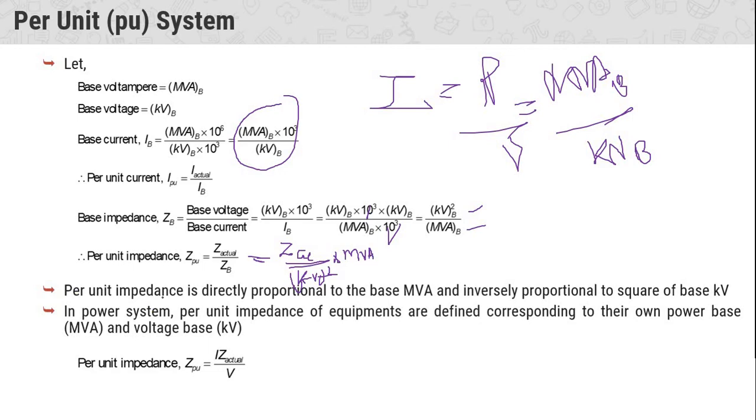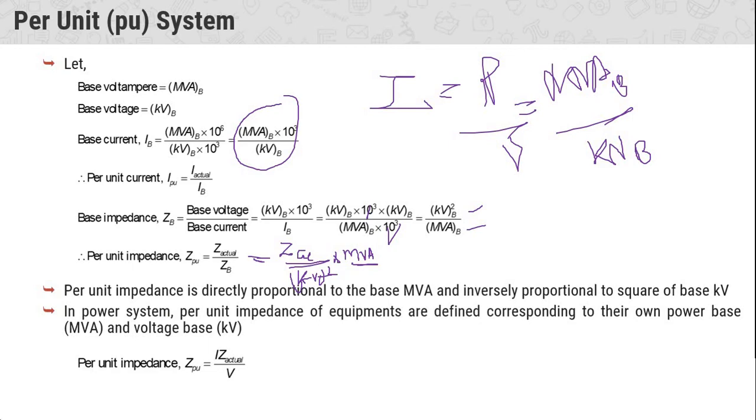Now per unit impedance is directly proportional to base MVA and inversely proportional to the square of the base kV. In the denominator is kV square and in the numerator MVA. So per unit impedance is directly proportional to the MVA and inversely proportional to the kV square.